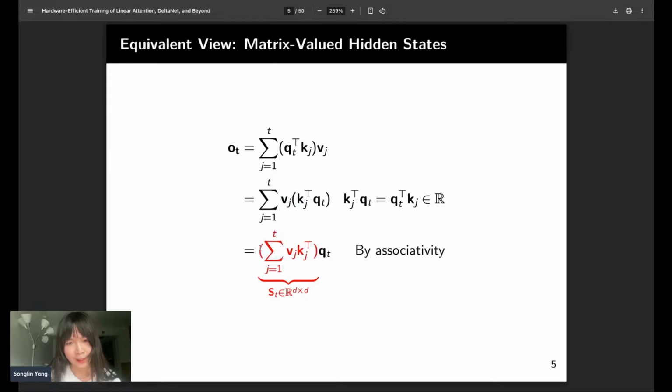So we have this term colored in red, a cumulative sum of the outer products between the keys and the values over all historical steps. This term colored in red is often referred to as the RNN's hidden state, because this hidden state encodes the key-value association pairs into a recurrent memory using this outer product structure.